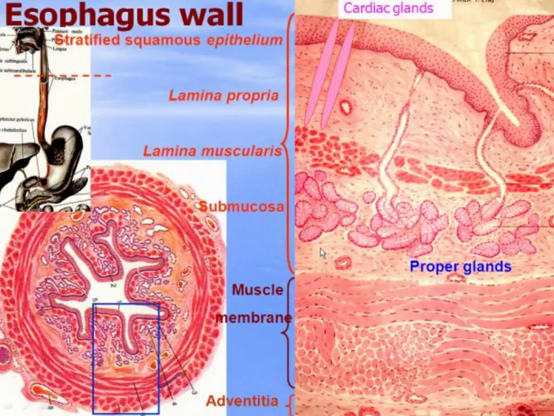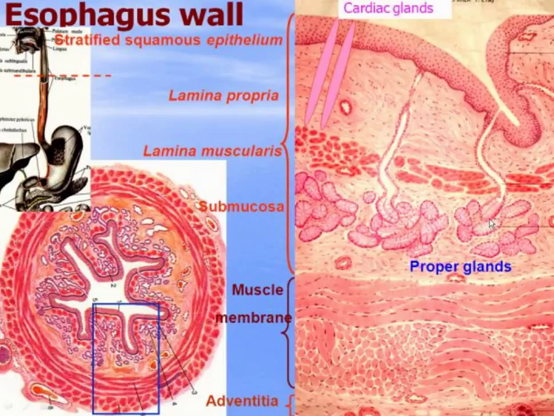Submucosa is loose connective tissue. There are a lot of blood vessels and proper glands located here. They have the structure typical for mucous secretion glands.